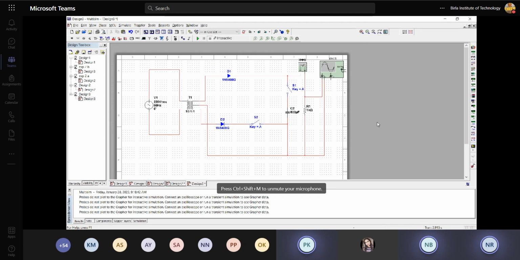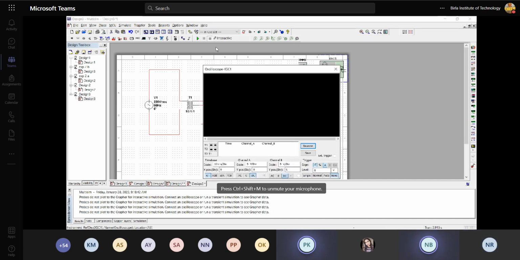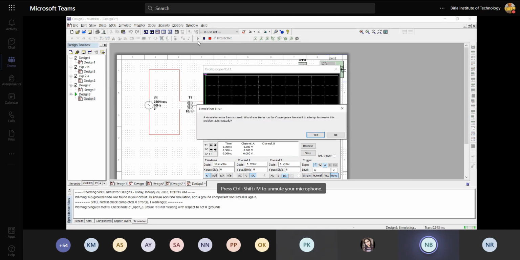So what should we run in this, sir? In that oscillator, we should be able to see that particular plot which Madam was explaining.